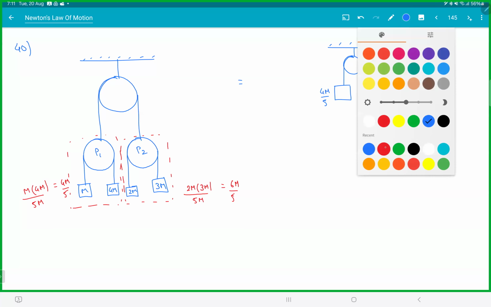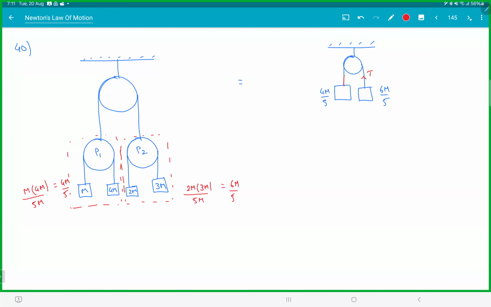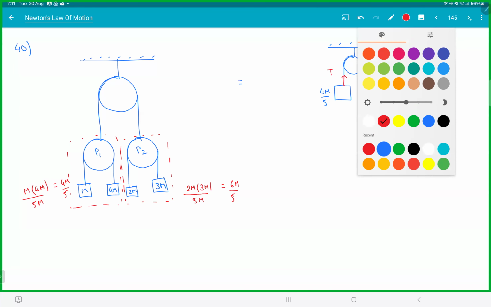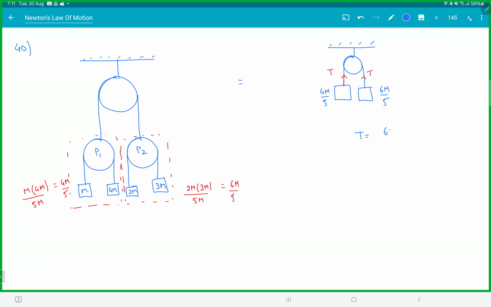And then the tension in the string T would be 6m by 5 minus 4m by 5 g, m2 minus m1 by m2 plus m1. That would be 2mg by 5 by 2m.